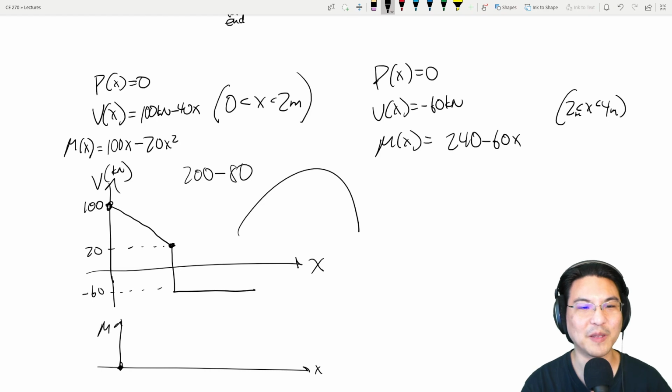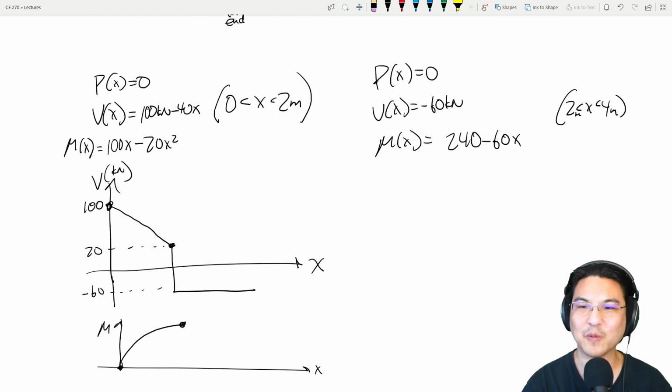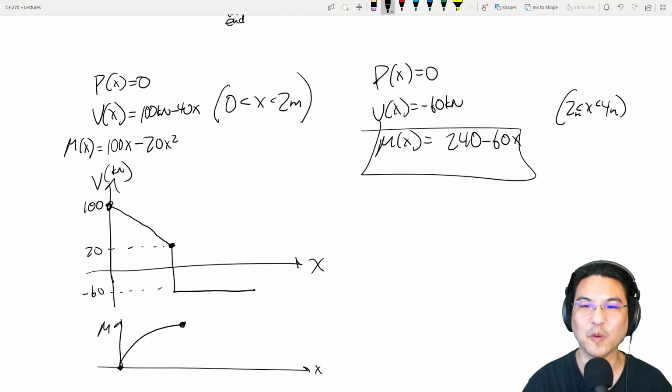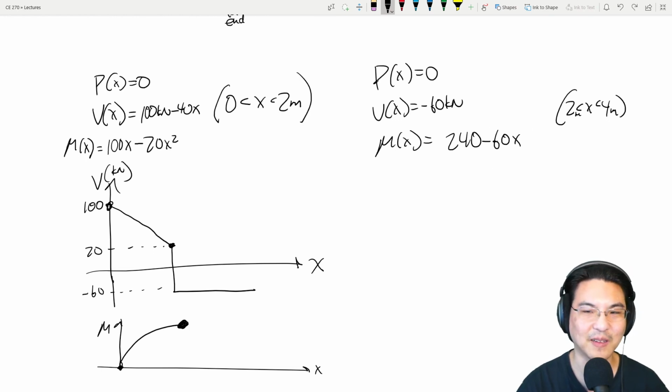It's a parabola, but see that's a negative, so it's an upside down parabola. So it looks kind of like this. Okay, and then between 2 and 4, at x equal to 2, it's 120, so it's right here again. And then the slope is like this. So it looks like going linearly, and at x equal to 4, it's 0. Okay, so it looks like this.